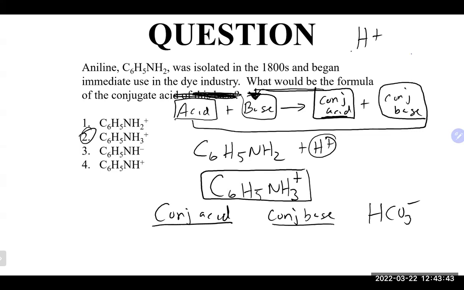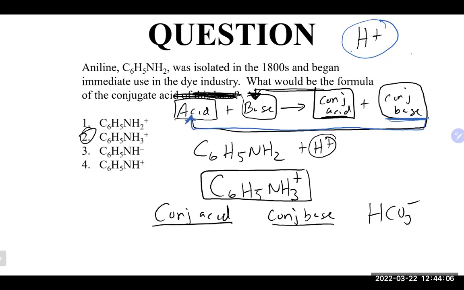Okay, so again, in these types of problems, that is really your decision, which is, do I put it on or do I take off the H plus in this situation? So we'll start here with the conjugate base. If I am looking for the conjugate base, that means if I go backwards, I am dealing with an acid.